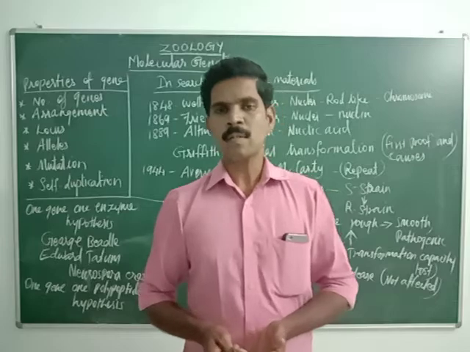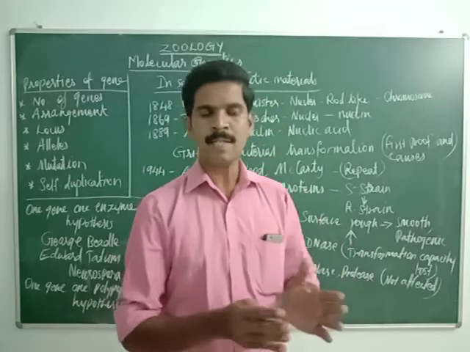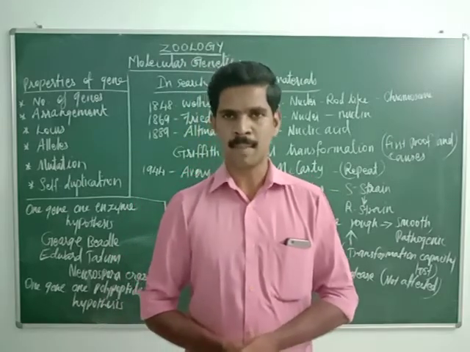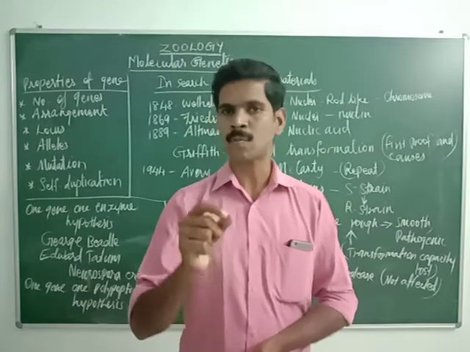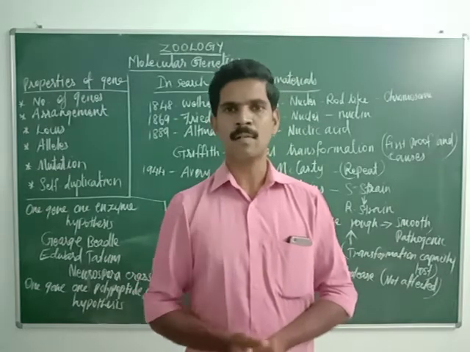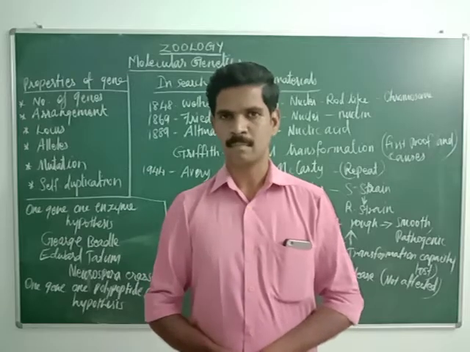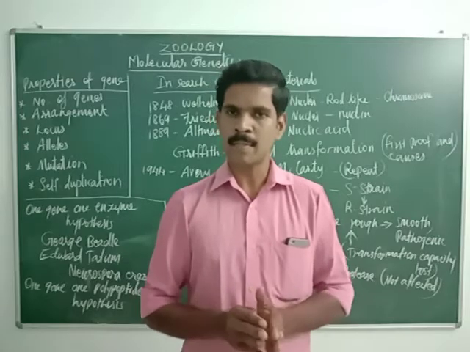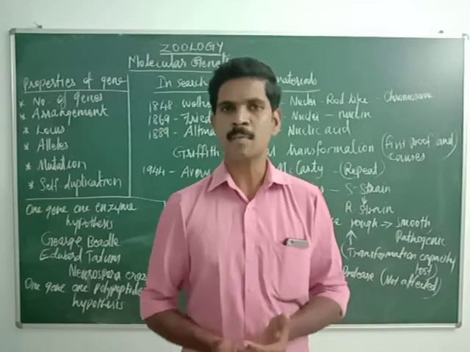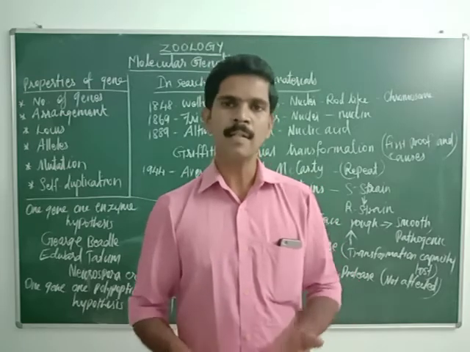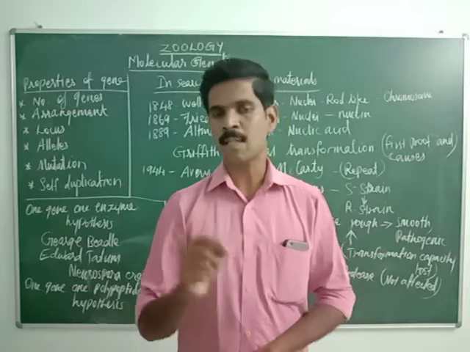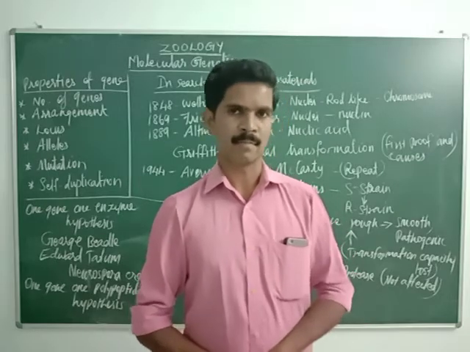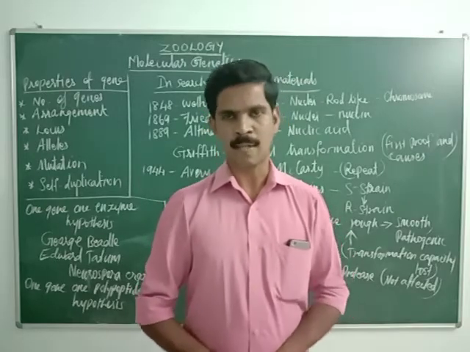When he was doing many experiments, he isolated the genes, but he didn't give any name to these genes. He just called them a factor. He used the word factor instead of the word gene.